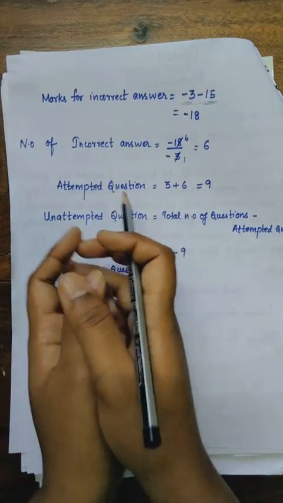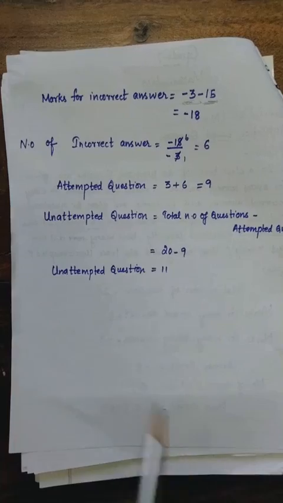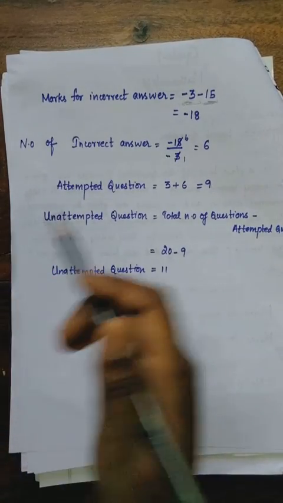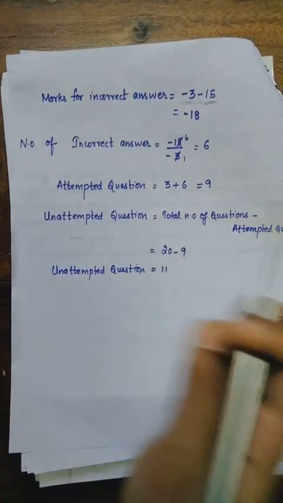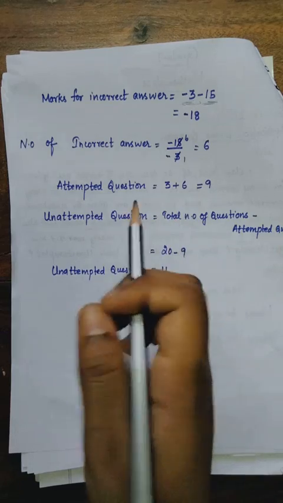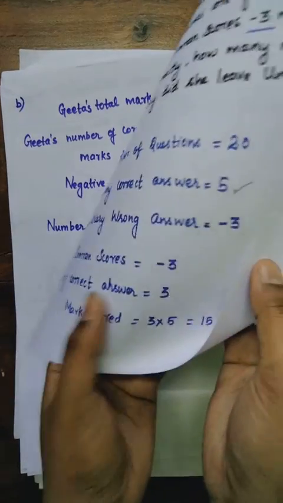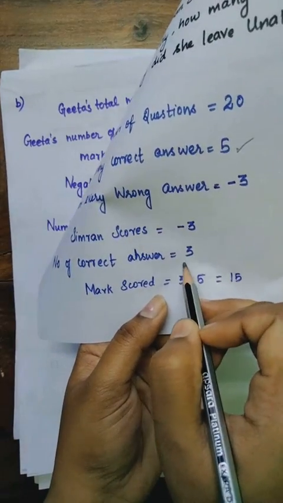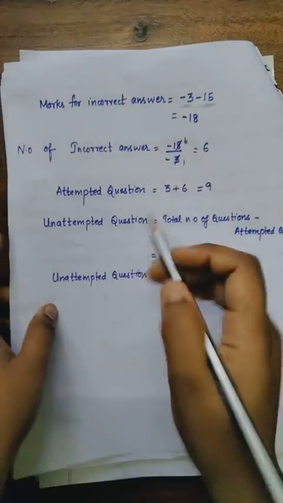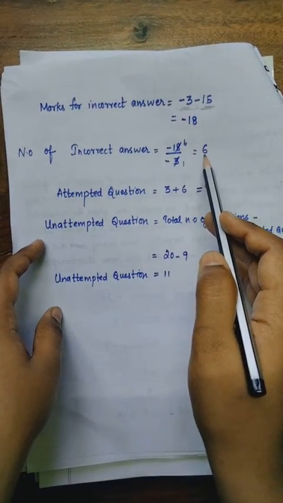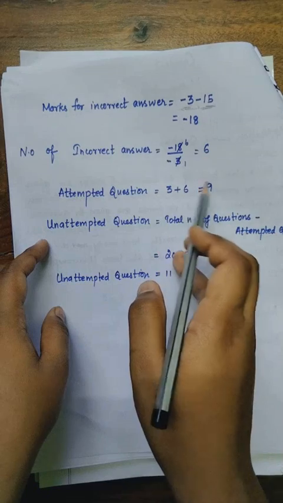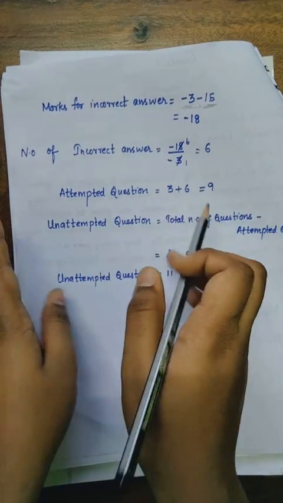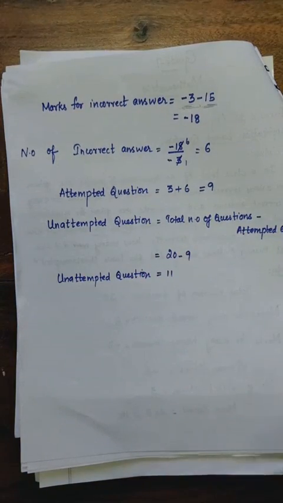Next, attempted questions. How will you find the attempted questions? Just add the correct answers and the wrong answers. Number of correct answers is 3, number of wrong answers is 6. So 3 plus 6 is 9. This is the attempted questions. In the question they ask for unattempted questions.